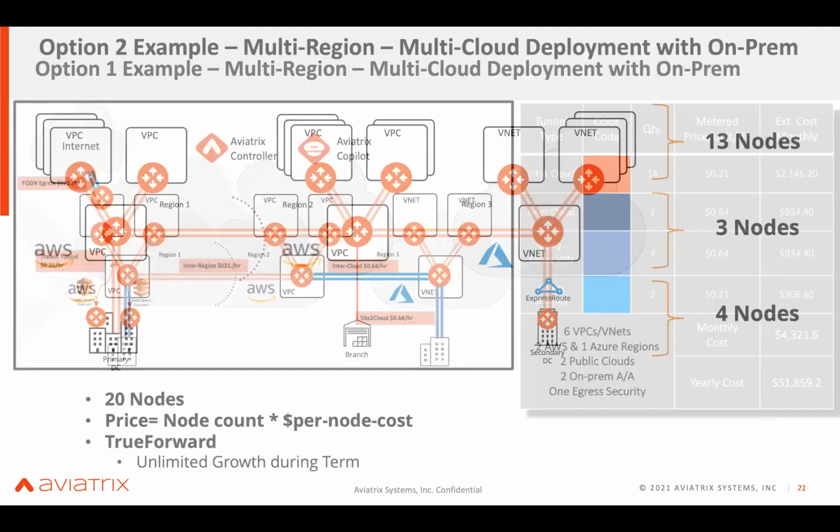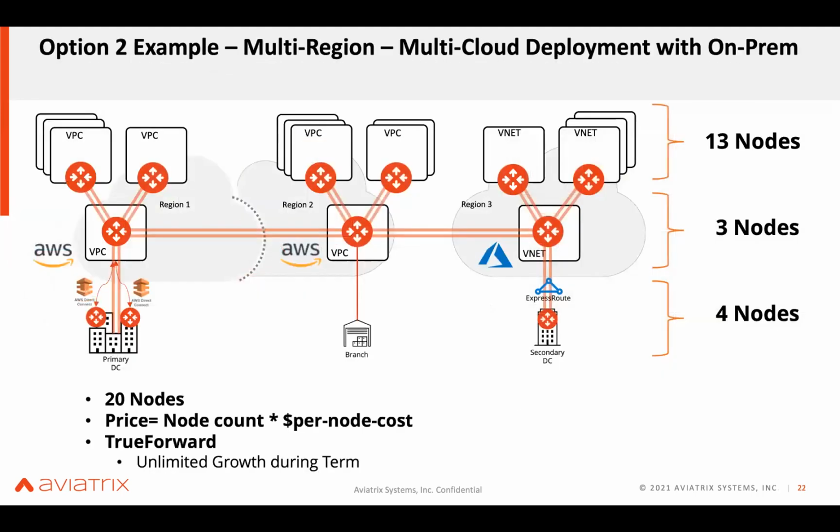And then the other model is the node model, which is for large scale customers and very simple to calculate. What is a node? Any network under management is a node. We calculate the number of nodes and price per node count, so it's very deterministic.